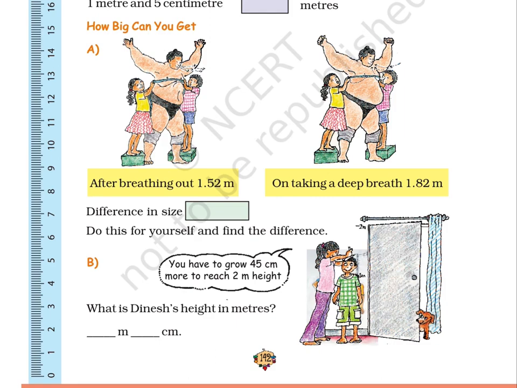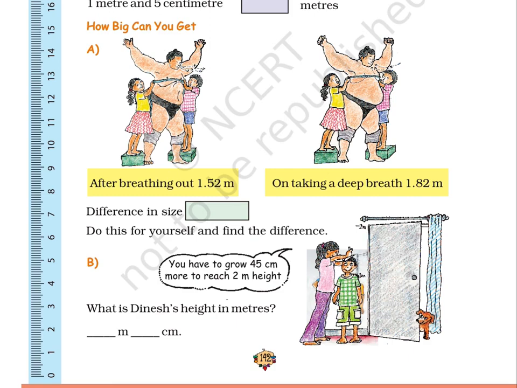The second picture shows the size on taking a deep breath, 1.82 meters. The children haven't moved the measuring tape from the sumo wrestler's chest. Difference in size, dash. Do this for yourself and find the difference.